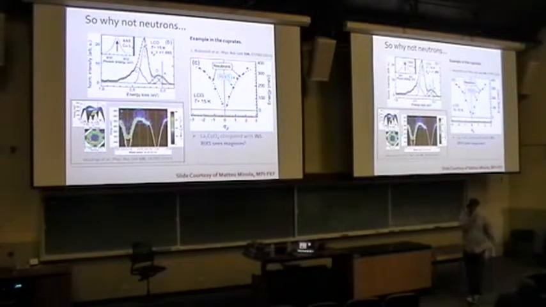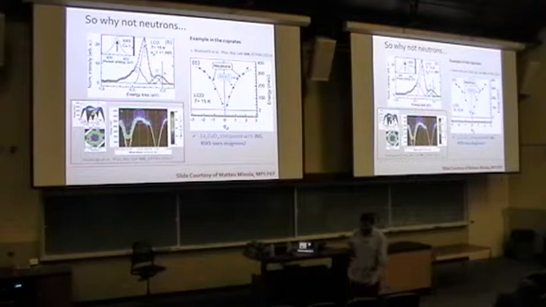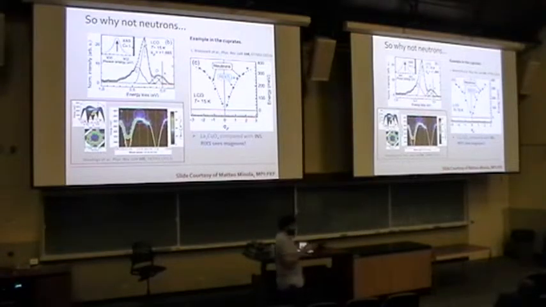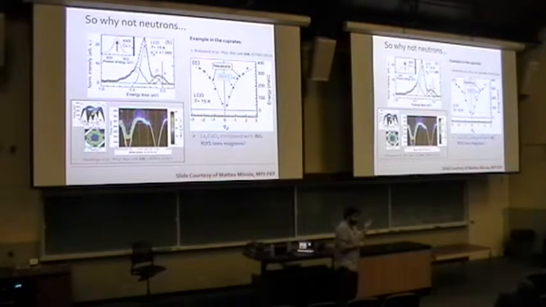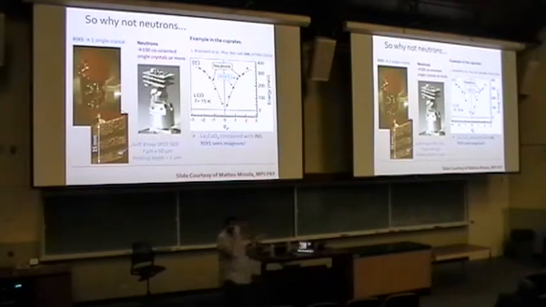But then, the question I was posing is, why do this? Why do they want to do resonant X-ray scattering instead of doing inelastic neutron scattering? Right? And there is a very practical reason for this, which is sample size.